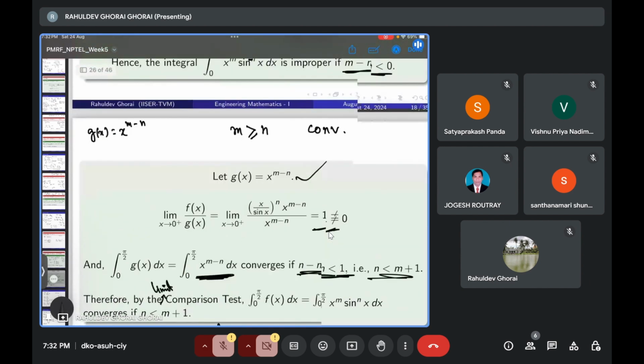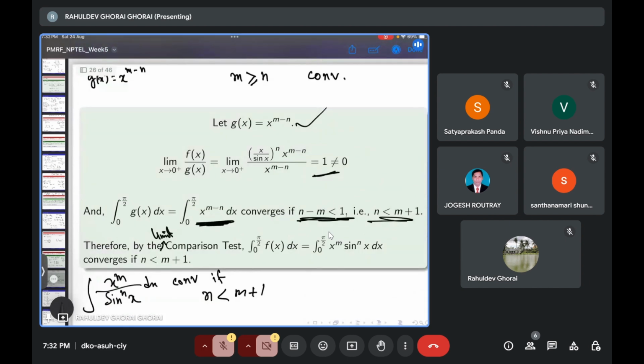Yes, so that's the first part, and for the second part, we take a function g(x), which is x to the power m minus n, right? Now when m is greater than or equal to n, the limit exists, but when m is less than n, that limit does not exist. But that does not imply divergence, right?